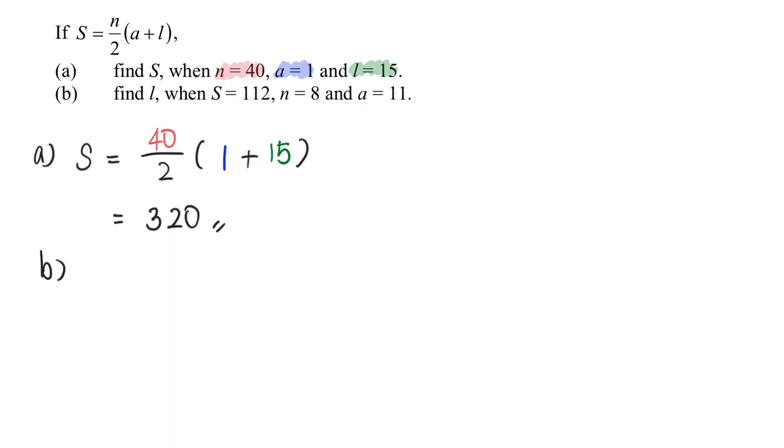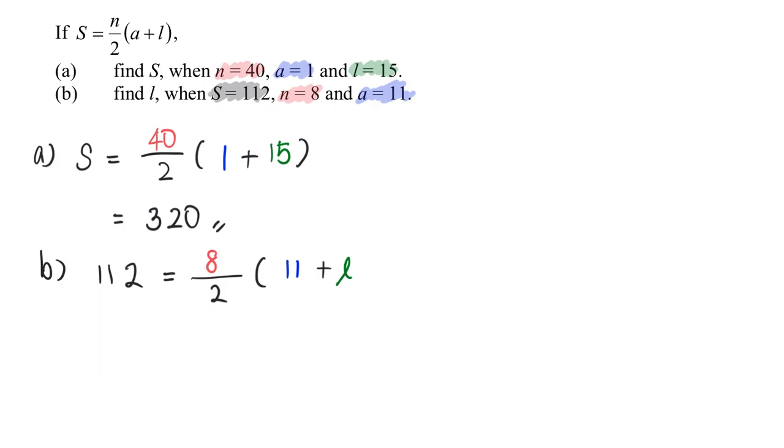Part B. Now we are required to find L given the following by s. My s is 112, so I'm going to write 112 equal to my n is also given 8, so it will be 8 over, still got the 2. My a is also given, so it's 11 plus finally my l.